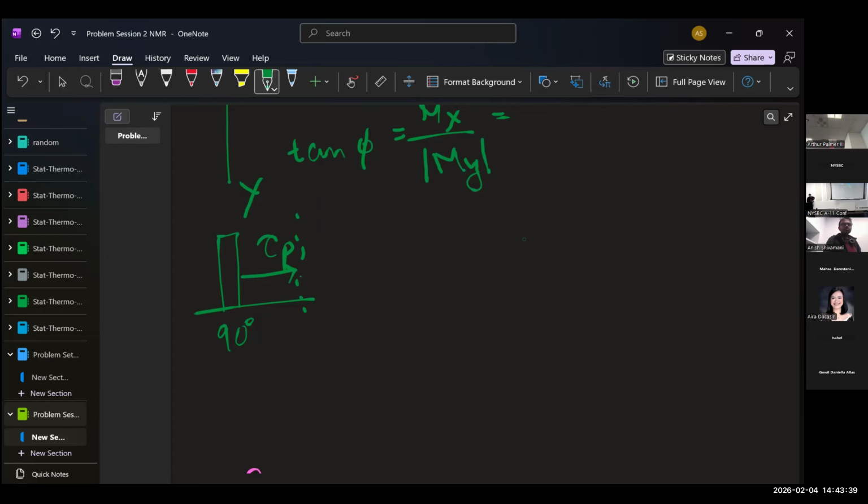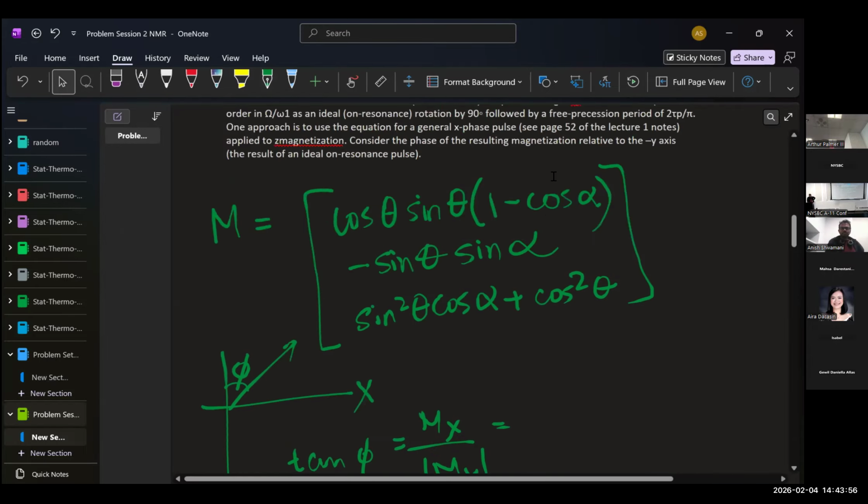At the end of this pulse followed by a delay, magnetization would be in a similar situation as to what it would be after just the off resonance pulse, where the off resonance effect is small.